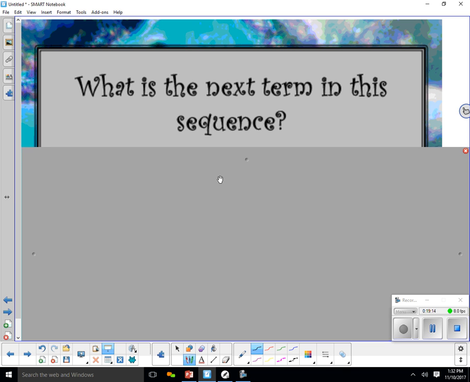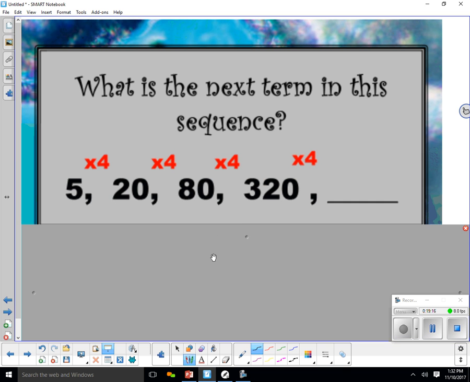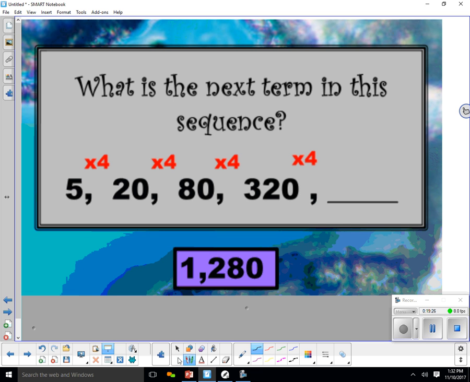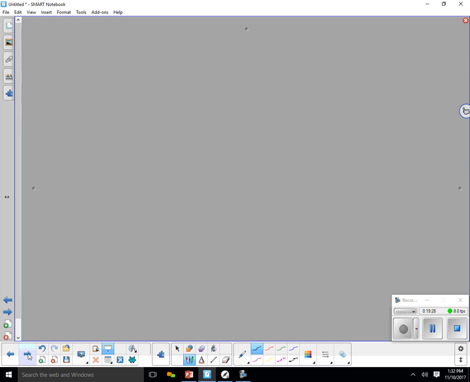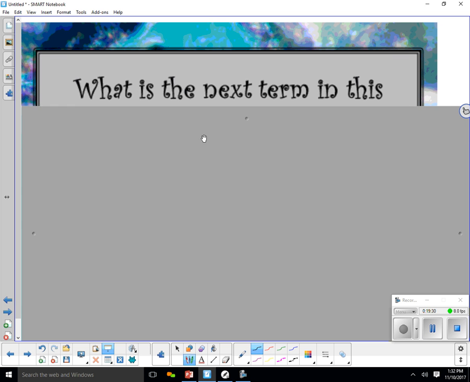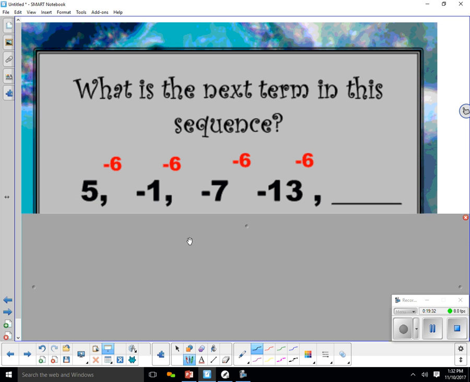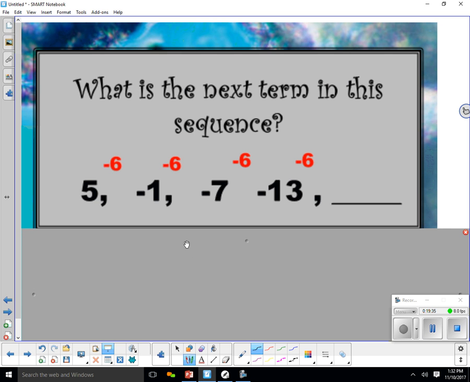What is the next term in this sequence? 5, 20, 40, 80, 320, 1,280. What's the next term again? 5, -1, -7, -13.